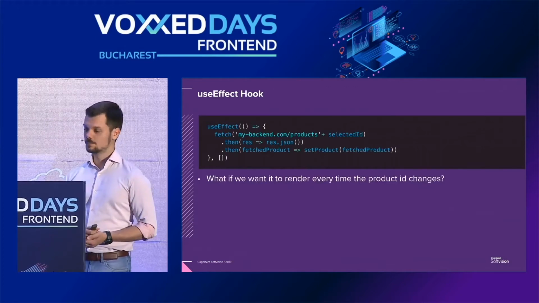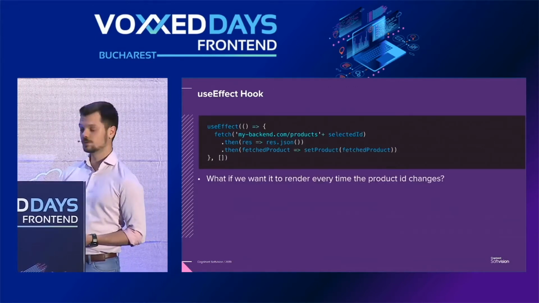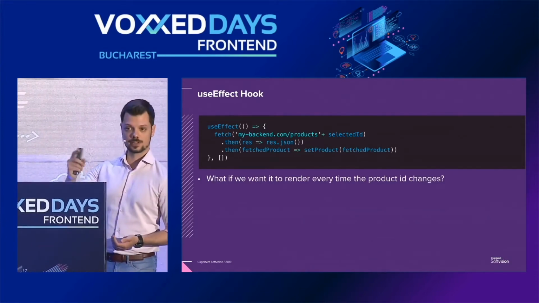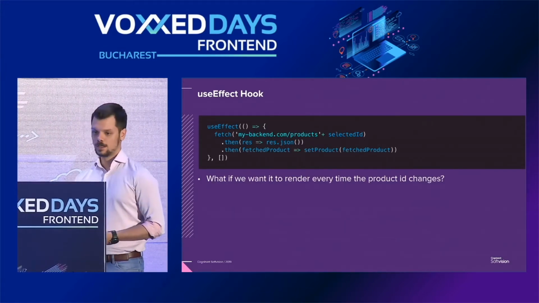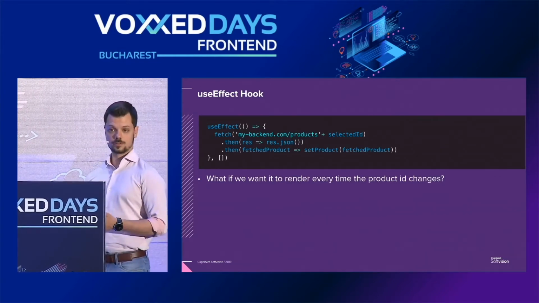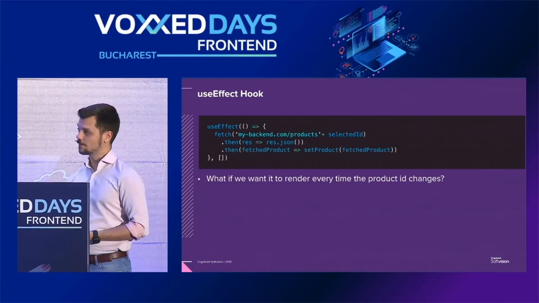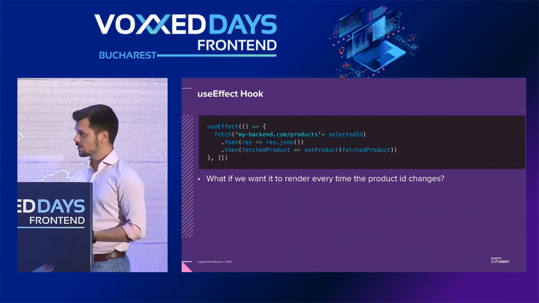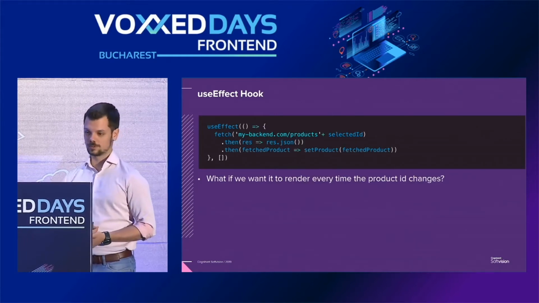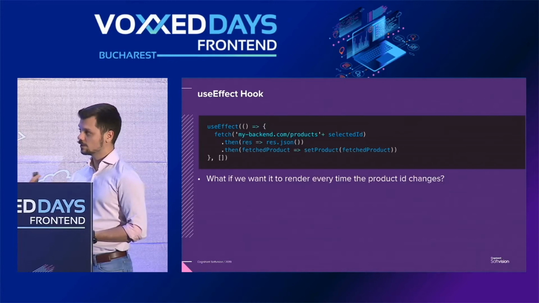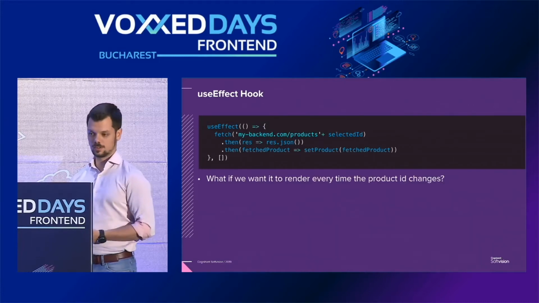Let's see another customization. We want to display the details of the product when we select an ID. We select something from a list, right? Now, we don't want it to run only once. We want to run the effect every time the ID changes. So first thing we could do is remove the argument, right? So this will cause the function to run every time something updates in the view.